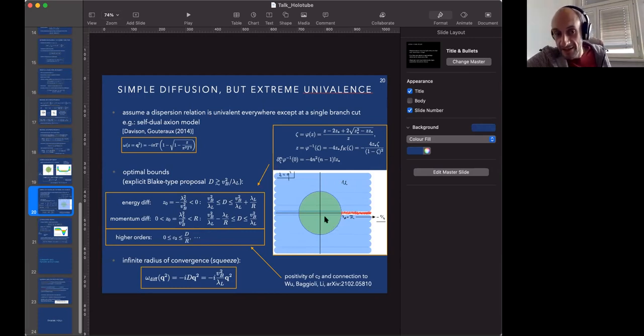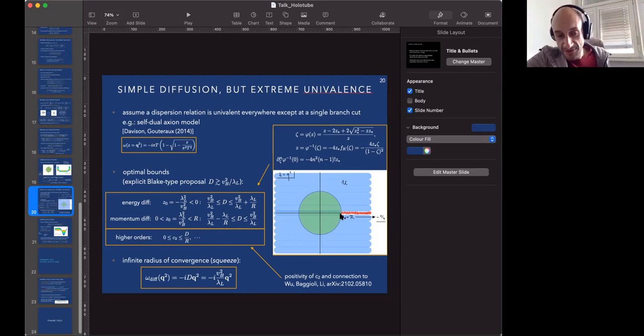But by analytic continuation, univalence can be larger than the radius of convergence. Maybe I didn't stress this, but this can easily happen, because the radius of convergence is only a statement about the analyticity of the series representation. This example will be convergent only in the green disk, but you can analytically extend it, so there's no problem. This is an analytic function everywhere except at the cut.